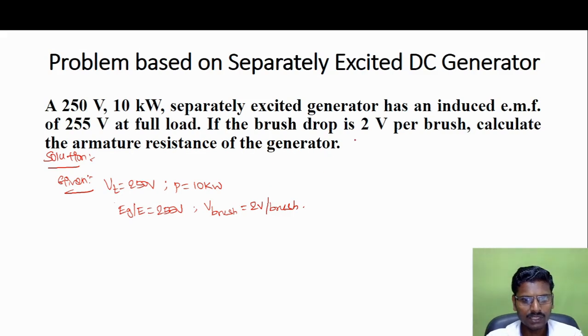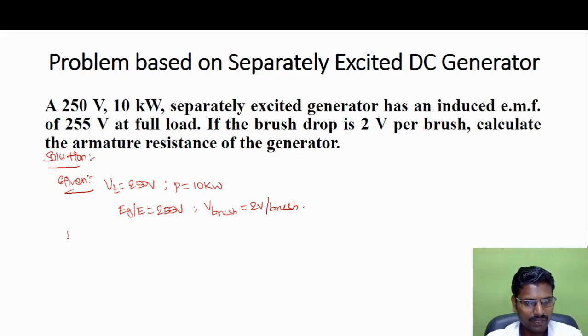They have not mentioned to avoid or exclude the drop across the brush, so we need to include it. Because in some questions they will mention to avoid brush drop, but here they have not mentioned that. So we need to consider V brush, the drop across the brush, while solving the problem, right?